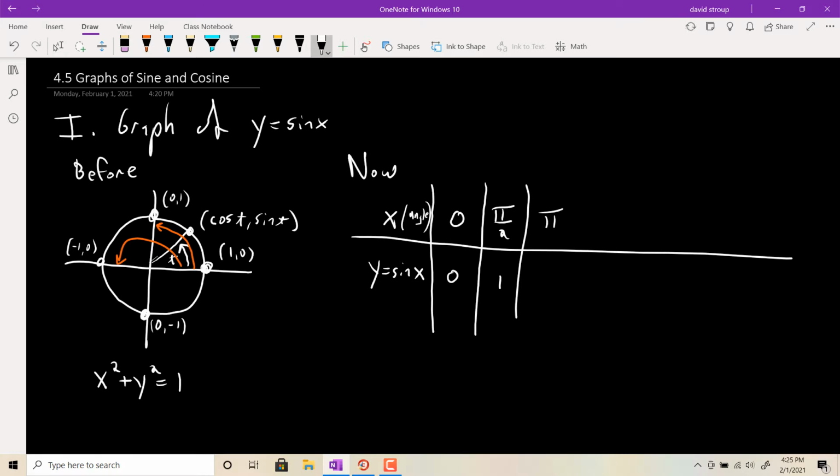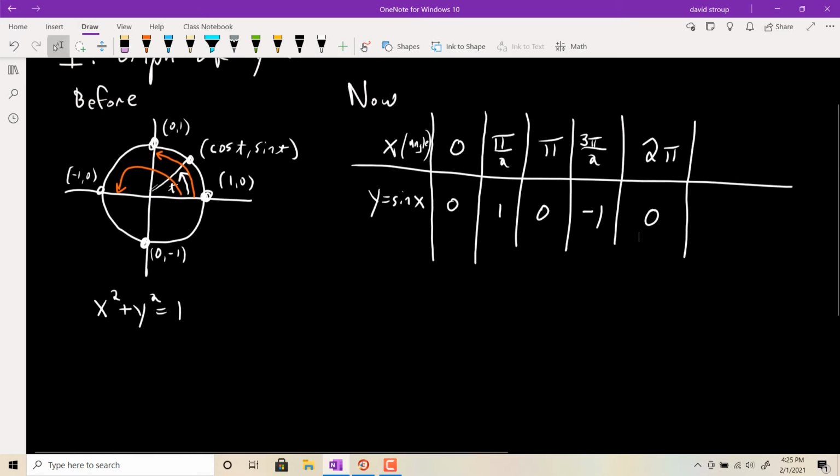The y value there is 0. Then we'll rotate to 3 pi over 2, which is 270 degrees, and the y value on the unit circle there is negative 1. If we rotate 360 degrees, or 2 pi radians, we end up where we started, at 0.